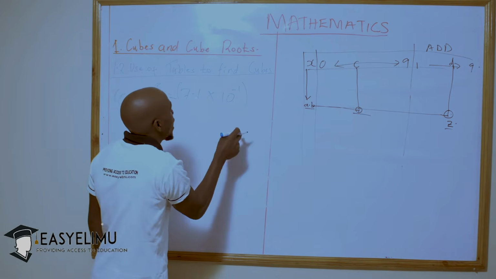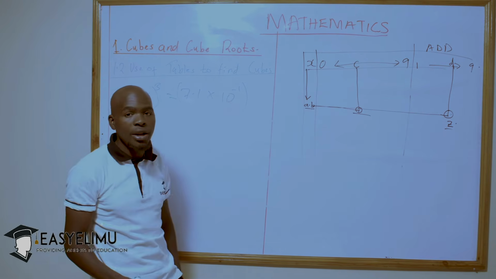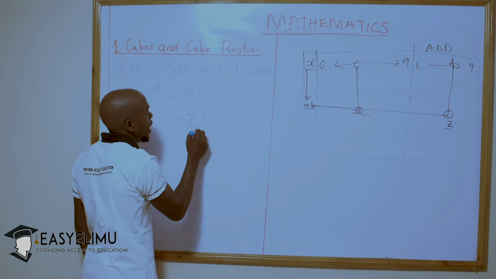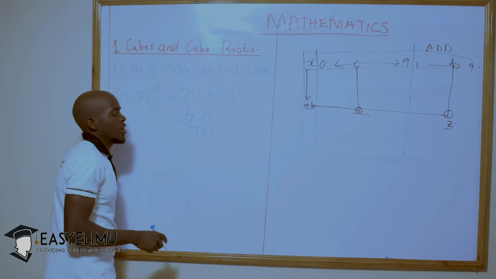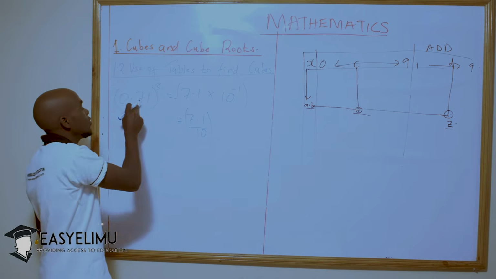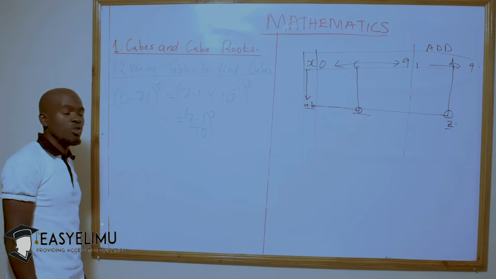So on shifting, you multiply by 10 raised to negative 1, which means 7.1 over 10, the same thing. And we are going to find the cube of that number.